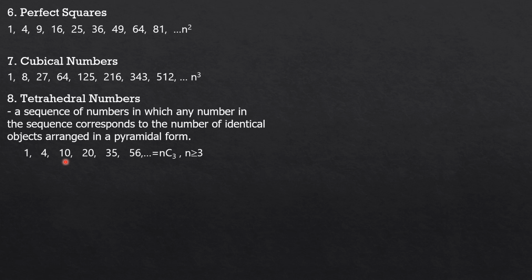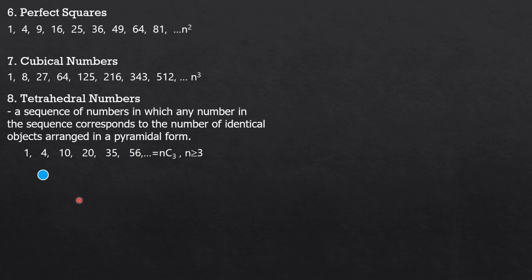So for instance, 10, this is the third. So 3 plus 2, because this is the third position, 3 plus 2 is 5. So 5 combination 3 will give us 10. If this is the 6th, then 6 plus 2, so use 8C3 and you can compute it is 56.